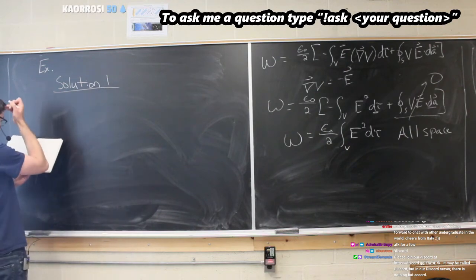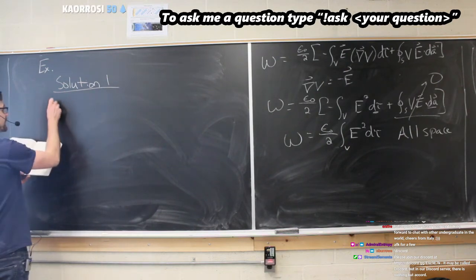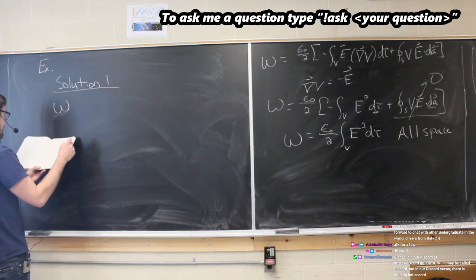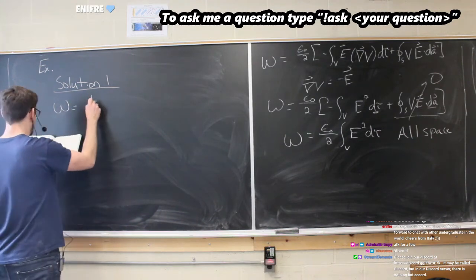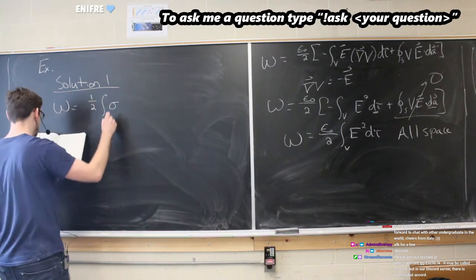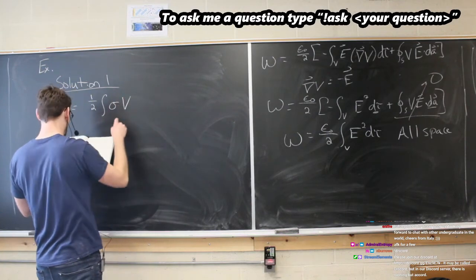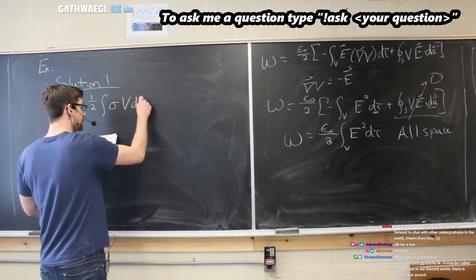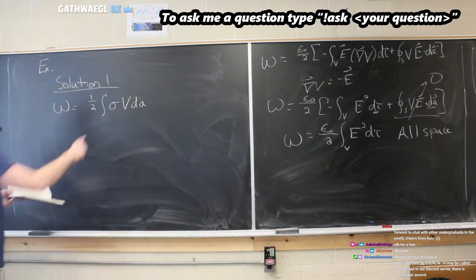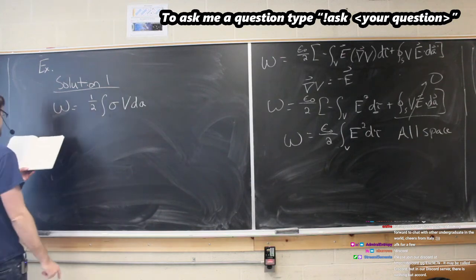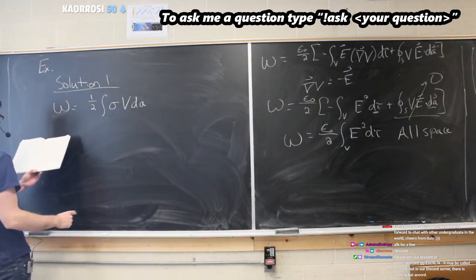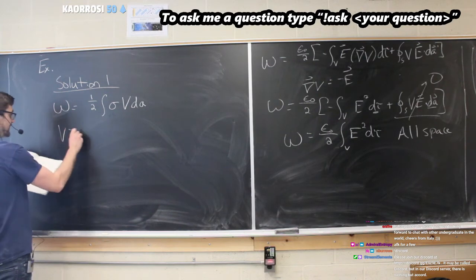Because of that, we know a couple things about it. So, solution 1, we're going to start by utilizing the work equation, 1/2 the integral. Now we're on a shell, so we have to make sure we use the appropriate charge density, which is an area charge density. Potential on the surface of the shell is constant. Remember, we did that last week.